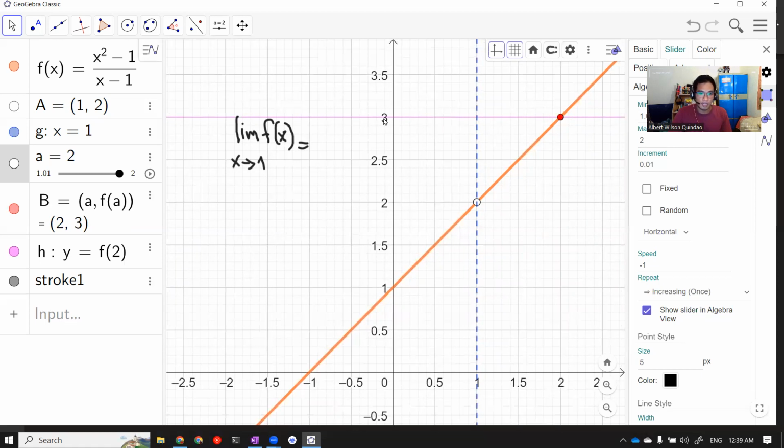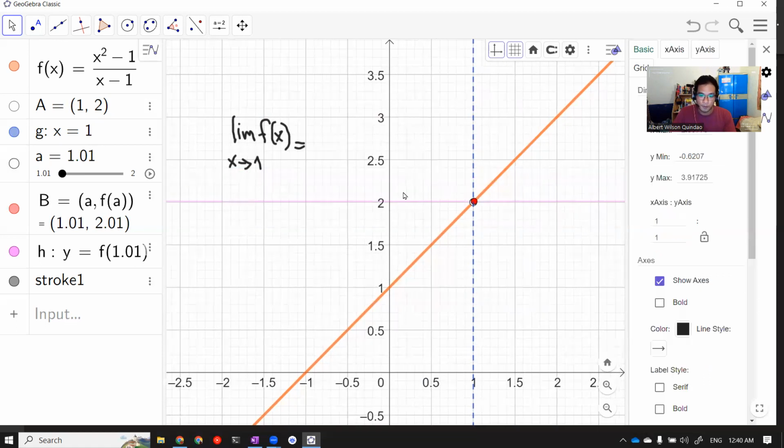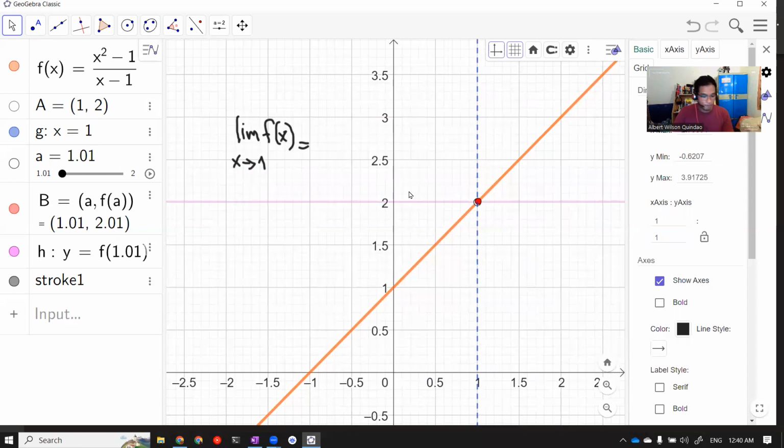Okay, so again, at this time, siya ay nasa 3. Pero pag pinlay natin yung animation, kita natin na ngayon ay nasa 2.5 na siya. Tapos 2.25, 2.20, 2.10, 2.01, and so on and so forth. Hanggang sa mag-approach siya ng mag-approach kay number 2. Okay? So, dahil from the left, nung tinrace natin yung point, papalapit ng papalapit yung function value kay 2.